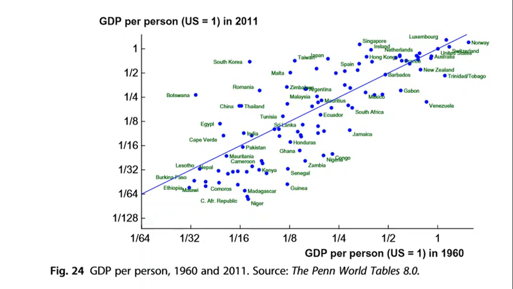And if you're far to the right on this chart, you were wealthy in 1960. You can see this consistent pattern that countries that were poor in 1960 tended to stay poor in 2011. If you were at 1/64th or 1/32nd of the United States GDP per person, that's tended to be where you landed 50 years later.